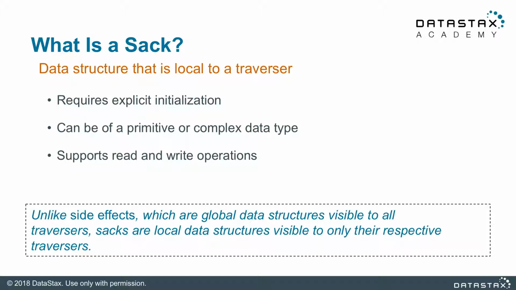As your traverser moves throughout the graph structure, you can update the object in the sack, or you can read the values of the object, maybe to make a decision about your traversal. It is important to note 2 things. First, unlike side effects, which are global data structures visible to all traversers, sacks are local data structures visible only to their respective traversers. Secondly, unless explicitly initialized, traversers do not have sacks.